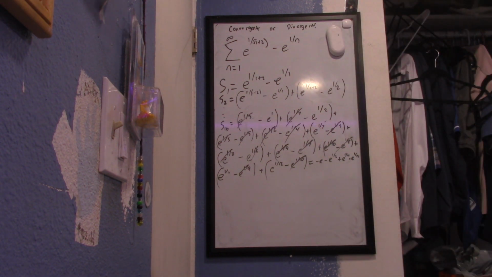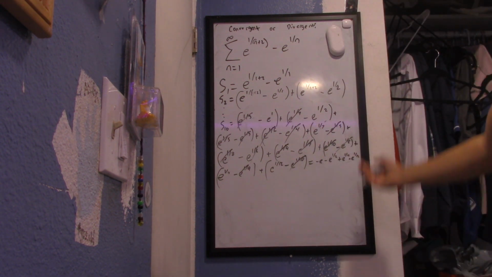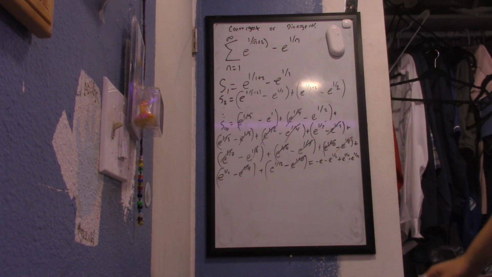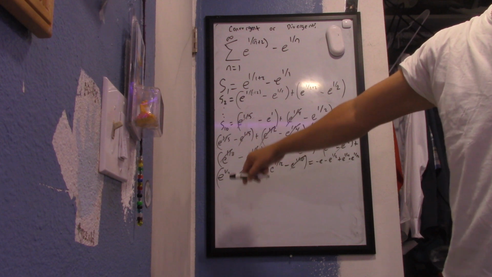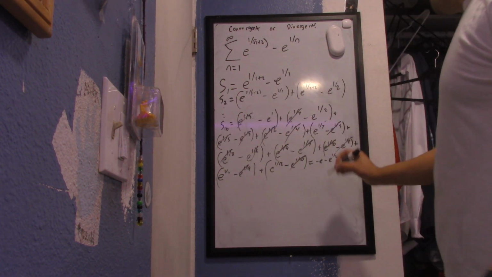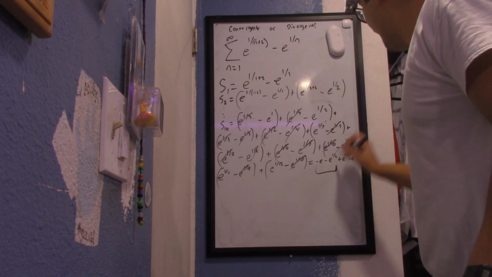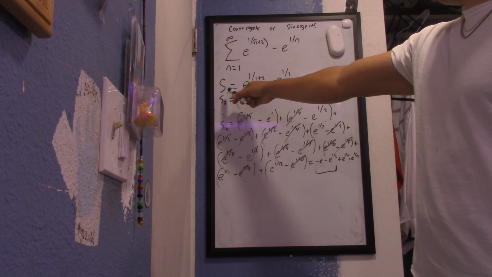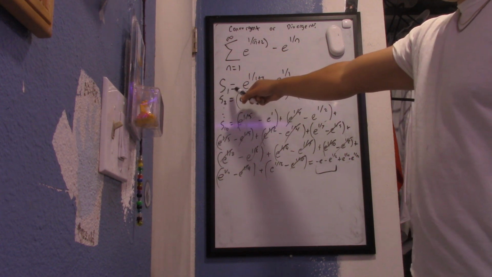Okay, so we get it. Well, so what? What we can infer is that as you take different sums of the series, you're going to notice that they're all going to have a negative e and a negative e to the 1/2, right? The summation for n equals 1, that's what we start with.